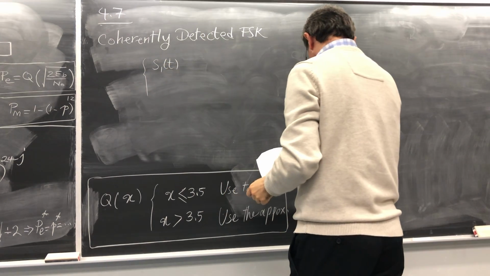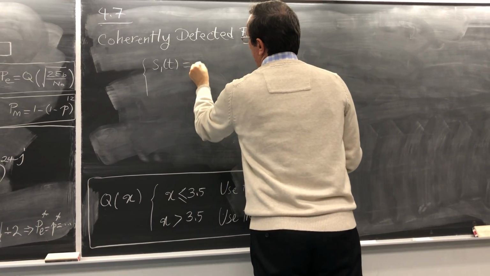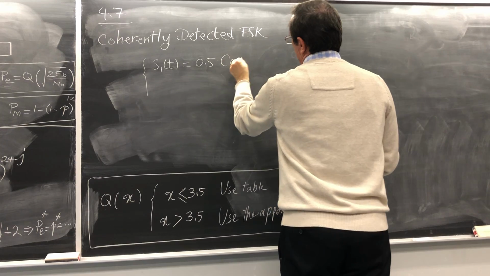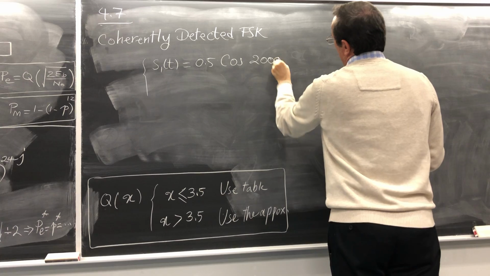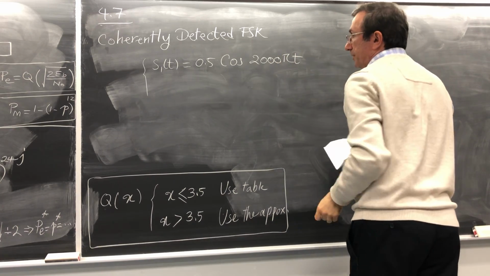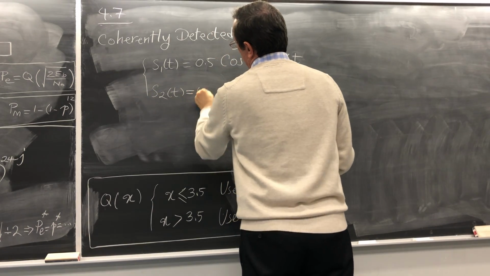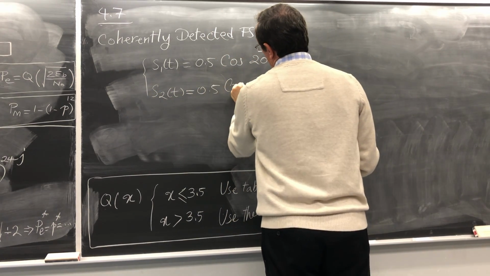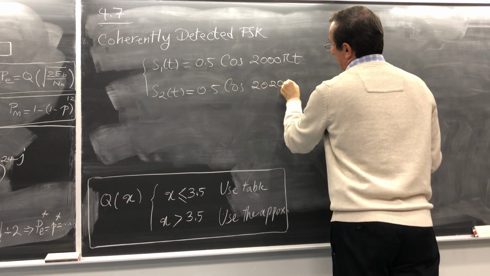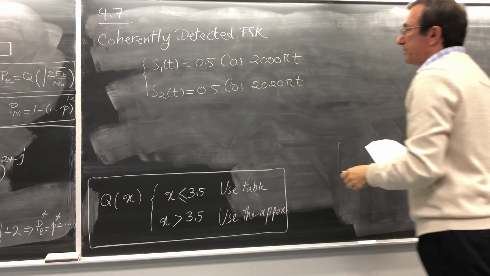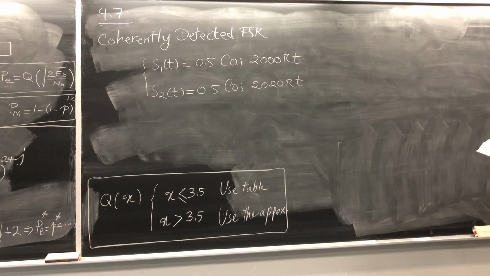S1 of t is 0.5 cosine of 2000 pi t, and S2 of t is a cosine function with the same amplitude, but the frequency is 2020. Well, 2 pi times the frequency is 2020, right?